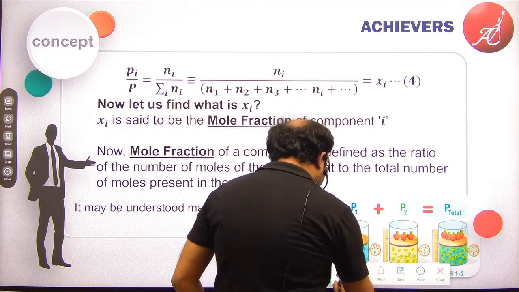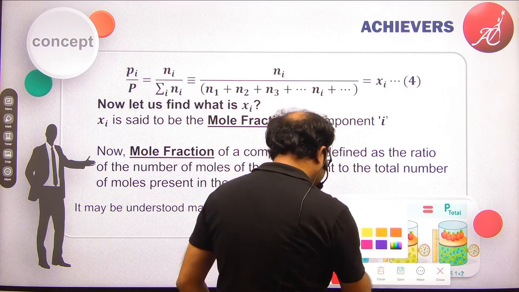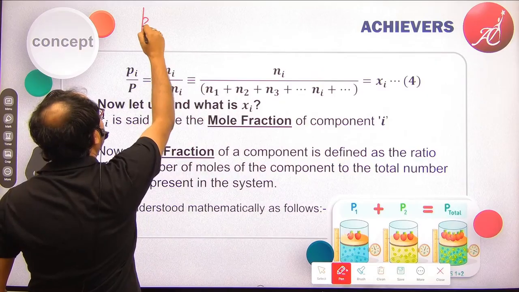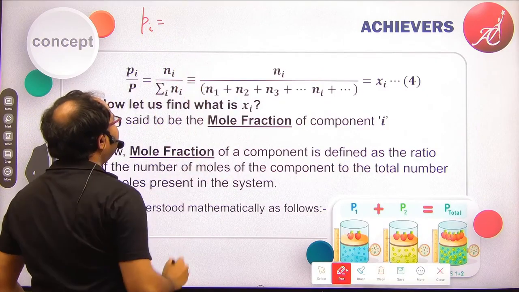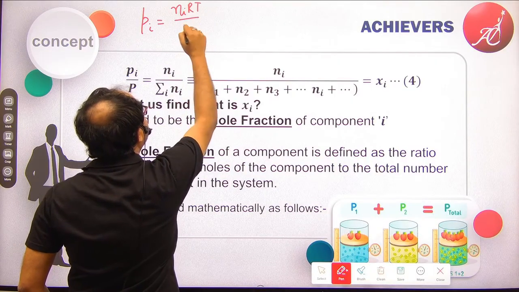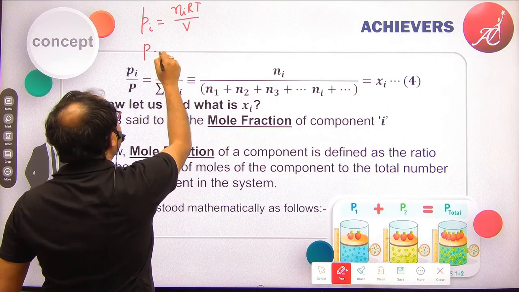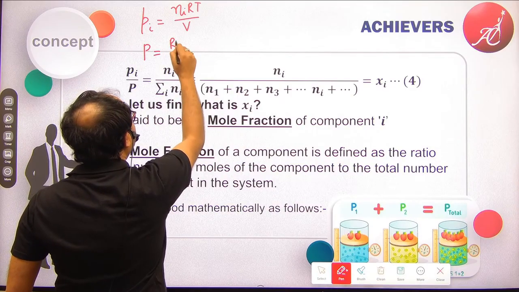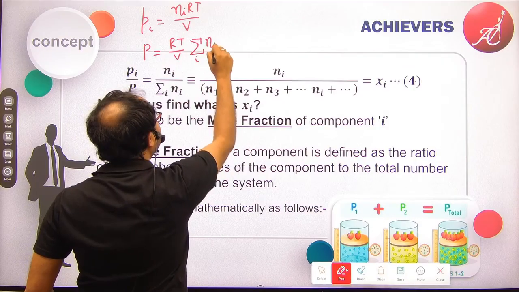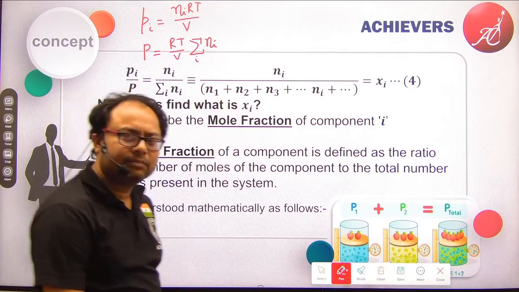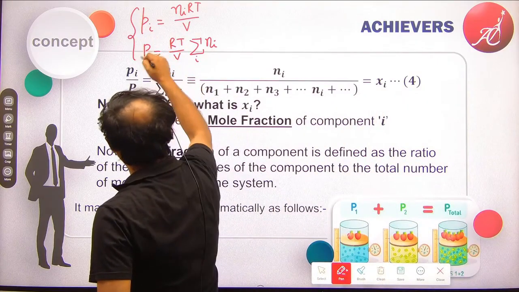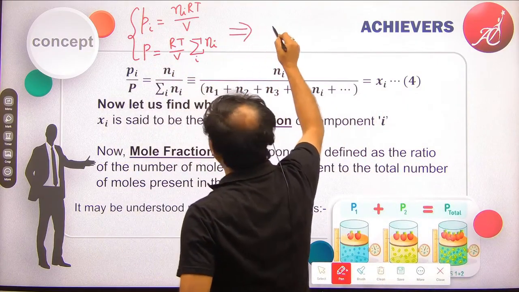So what we have got till this much? We have found Pi equal to Ni RT by V, and P equal to RT by V multiplied by summation over Ni. Now if you divide these two, what are you getting?